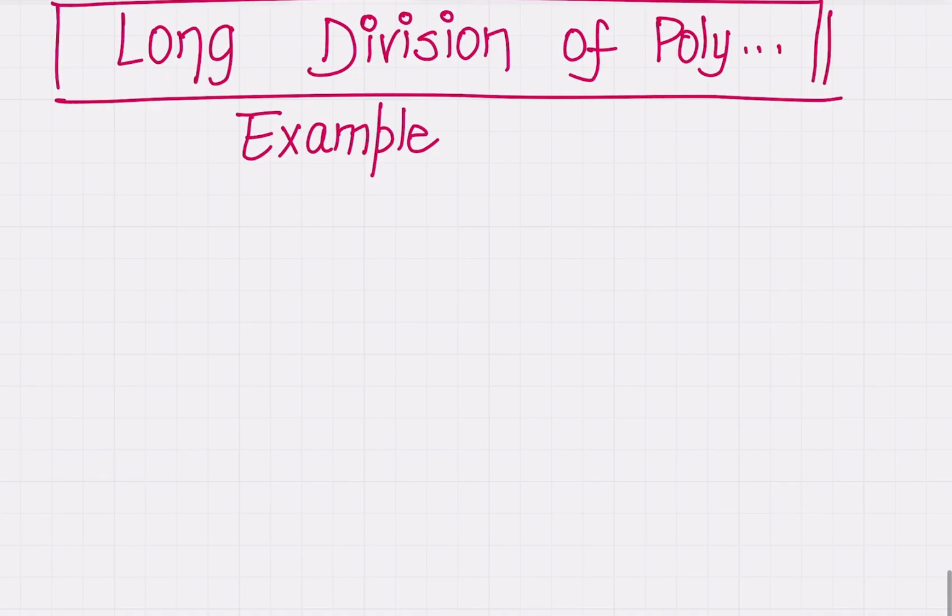But there's a set of things you need to remember in order to do the operations with polynomials.